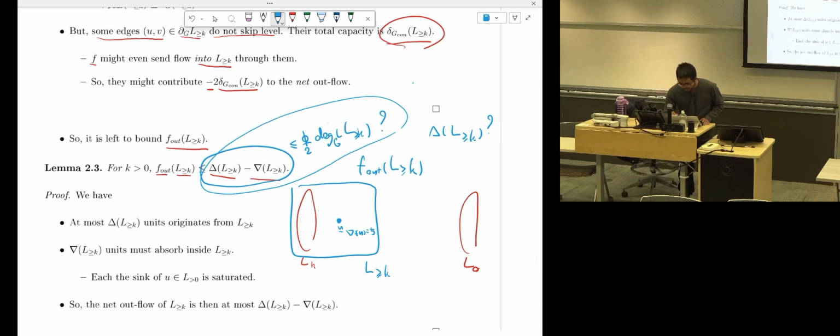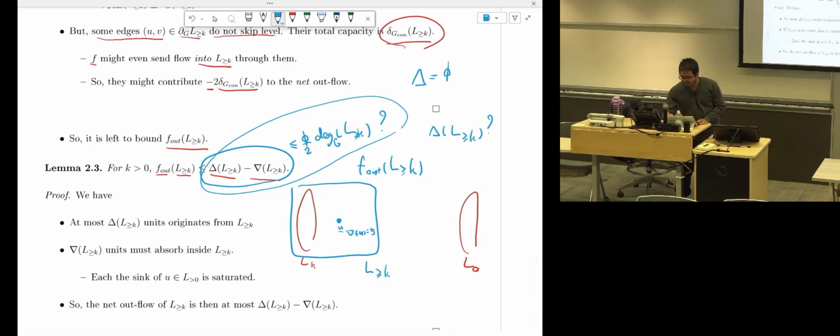First, recall how we define the source. We define the source to be the degree restricted to A. So how big is this thing?